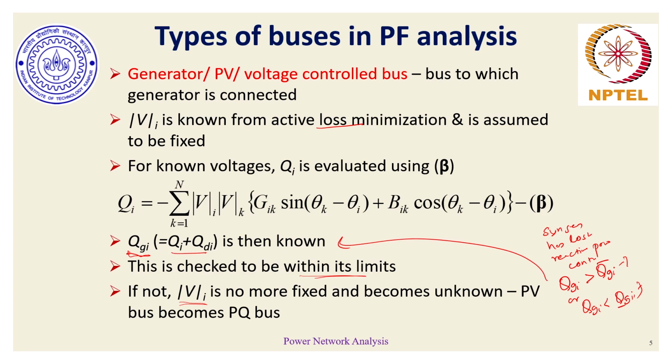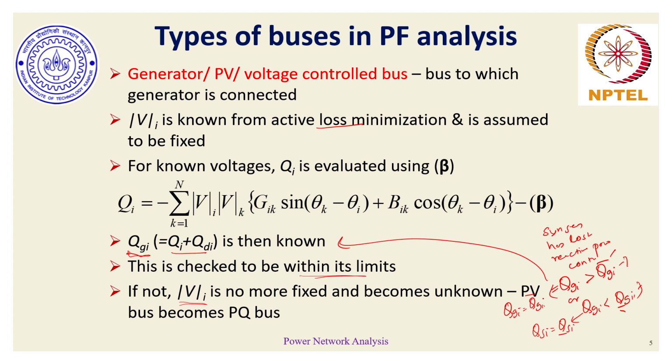So what do we do? We don't allow the generator to generate beyond the maximum limit or minimum limit. In this case, we cap the generation to its maximum value or to its minimum value, depending on the violation which is going to happen.